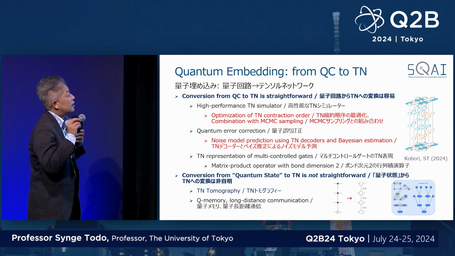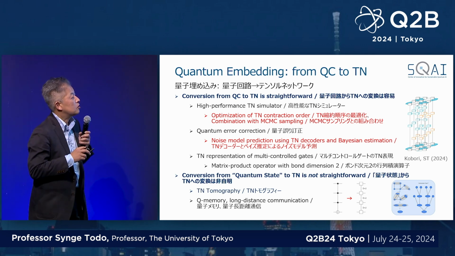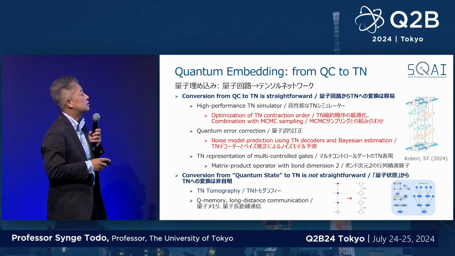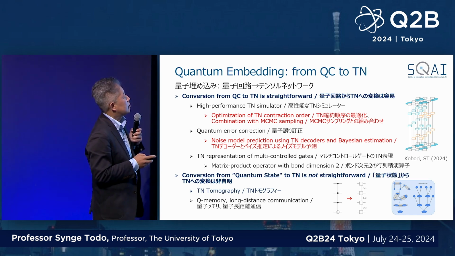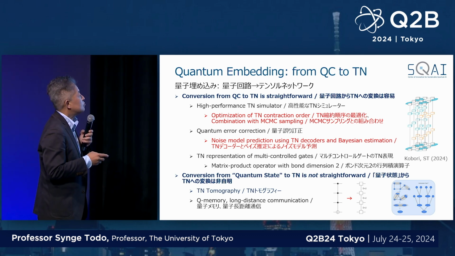Or in the lower part of the slide, you see it's not a quantum circuit. When we have a quantum state, is it possible to convert the quantum state to a tensor network? It's almost like TN tomography. But this is very difficult.